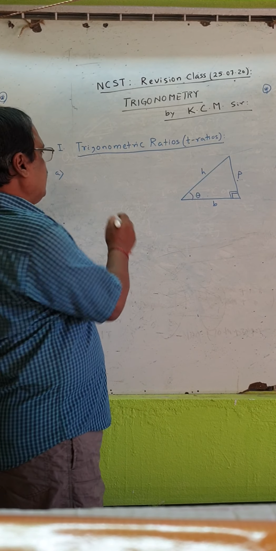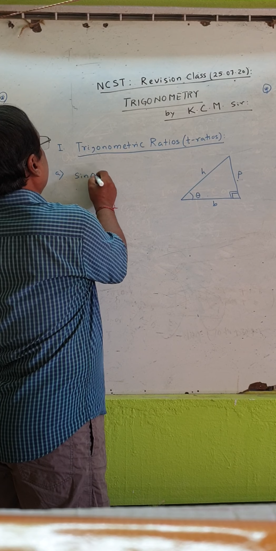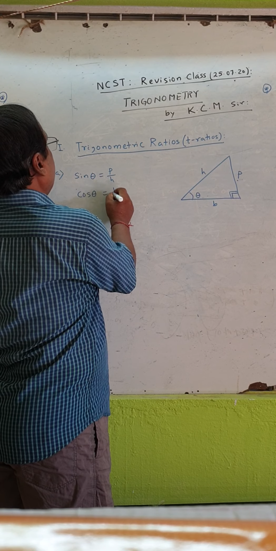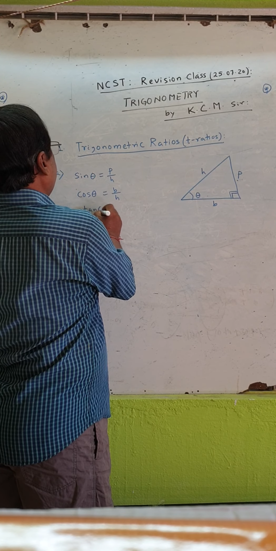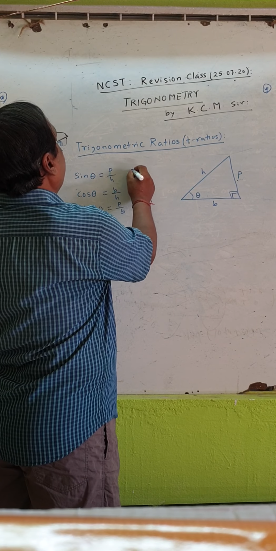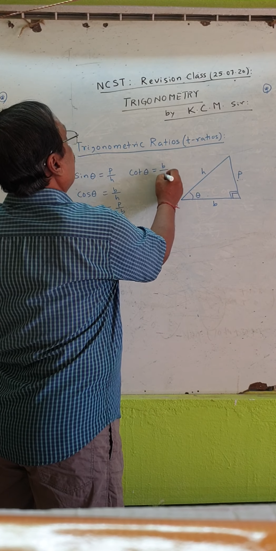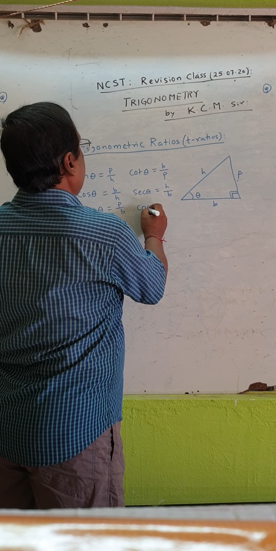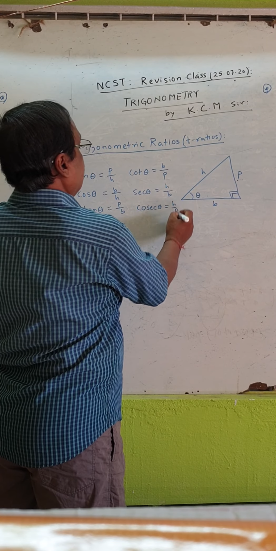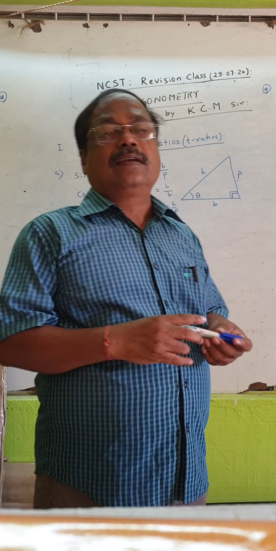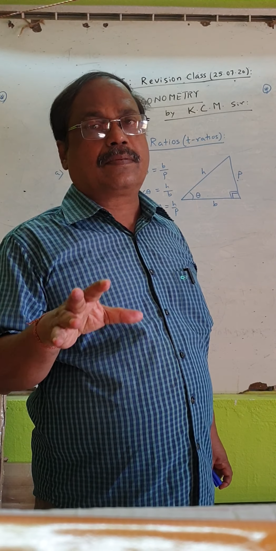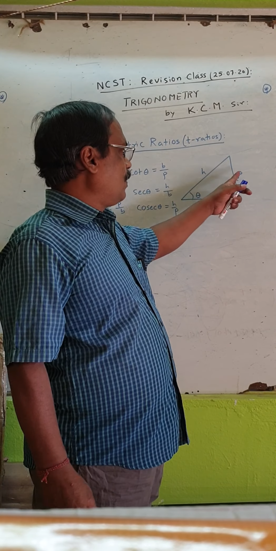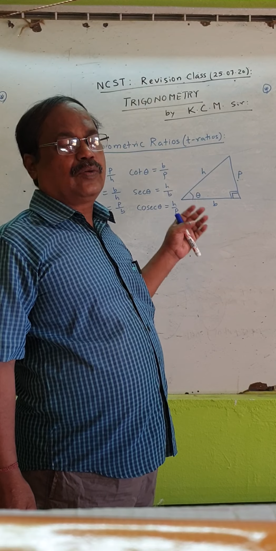Then 6 trigonometric ratios are defined by sin theta equal to P by H, cos theta equal to B by H, tan theta equal to P by B, cot theta equal to B by P, sec theta equal to H by B, and cosec theta equal to H by P. Originally, the mathematicians developed these concepts. Sine in a right angle triangle, this ratio perpendicular by hypotenuse is known as sin theta.